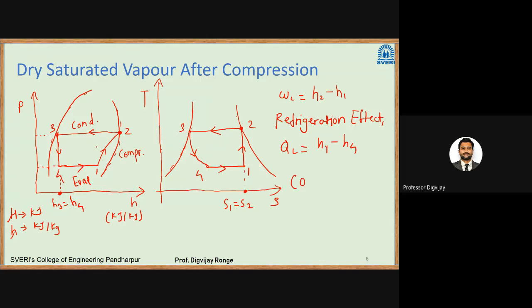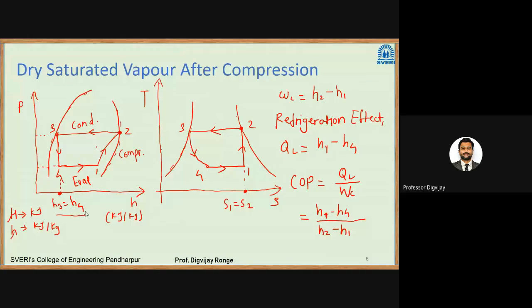So COP will be equal to QL divided by work required. In this case, the work of the compressor will be H2 minus H1, and the refrigeration effect is H1 minus H4. So COP equals H1 minus H4 divided by H2 minus H1. Right? Now, looking at the diagram, you can easily say that H3 is equal to H4.